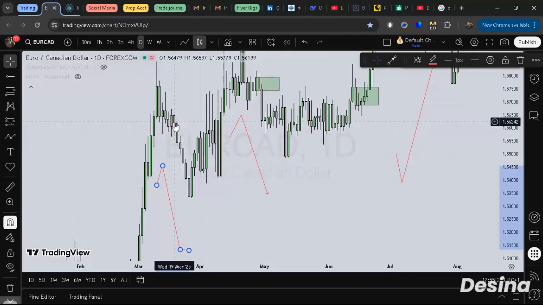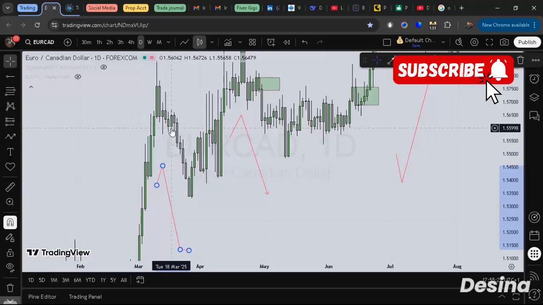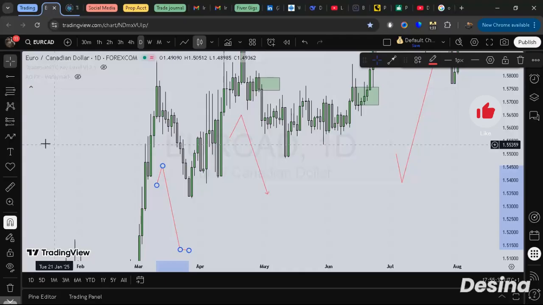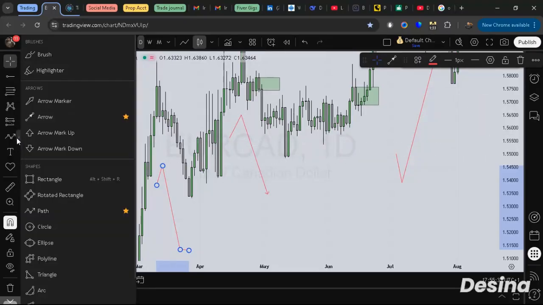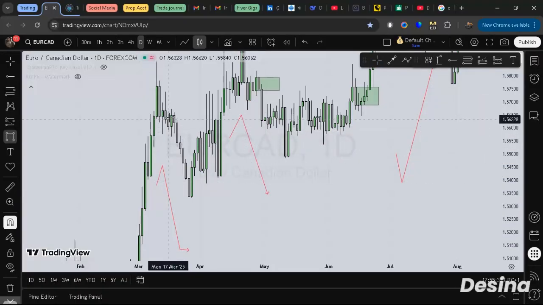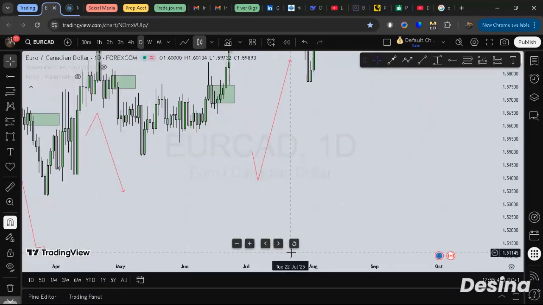So in this bearish scenario, which is to the downside now, this green candle was the last bullish candle before this down movement. So I'm going to draw it out now. That green candlestick is my order block. So the green candlestick before this bearish movement is my order block.